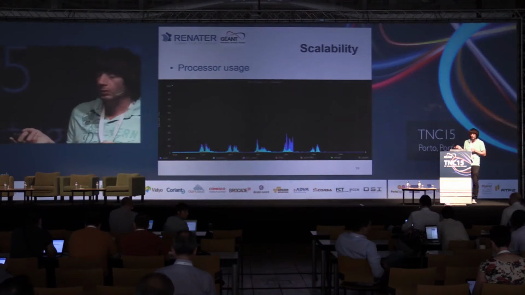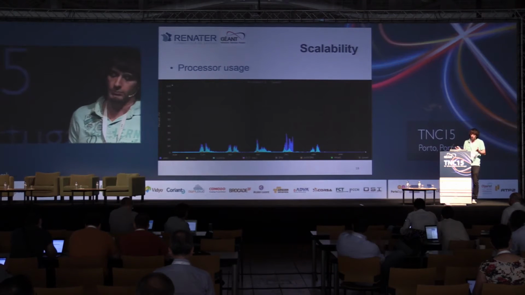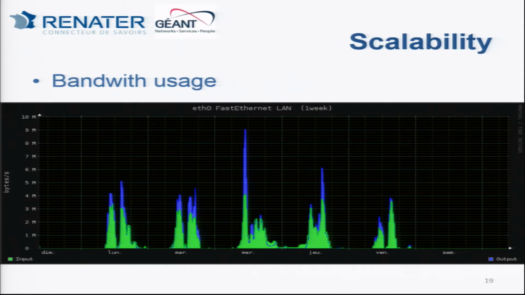With this configuration, for the first 2 months, we were able to operate 5,000 conferences for a total time of 145 days. And the average time of a conference was 42 minutes. Here, you've got the CPU workload, so we've got some margin. And here, it's only the bandwidth we used on one bridge. And here, the peak is 9 megabytes.